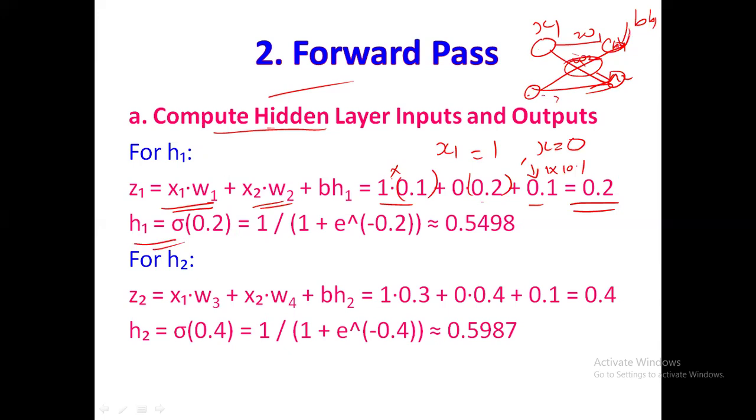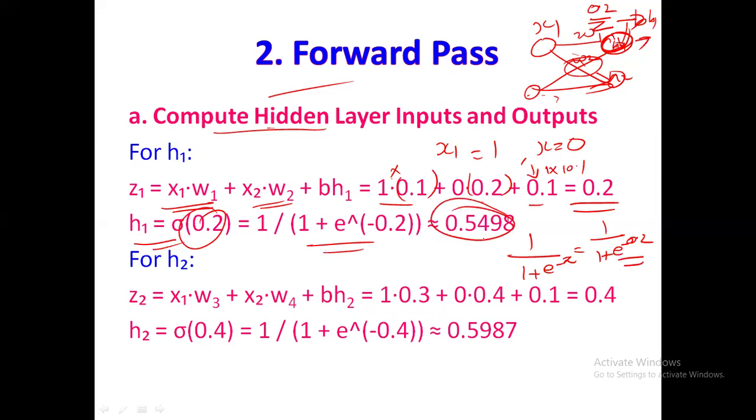After finding the h1 weighted sum, 0.2, we use the sigmoid activation function, 1 divided by 1 plus e power minus z, that is 1 divided by 1 plus e power minus 0.2. The sigmoid gives 0.5498.